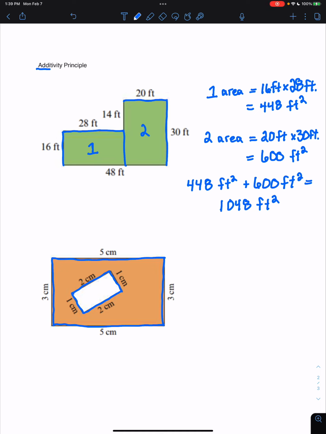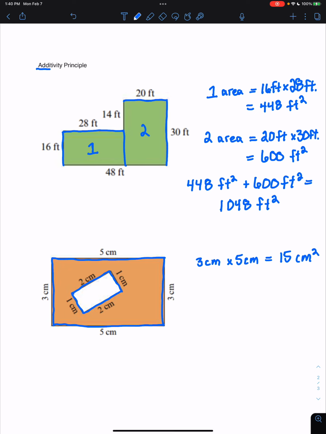Just like in the additivity principle, we're going to take the area of the orange part, and that is 3 centimeters times 5 centimeters. So we end up with 15 centimeters squared.